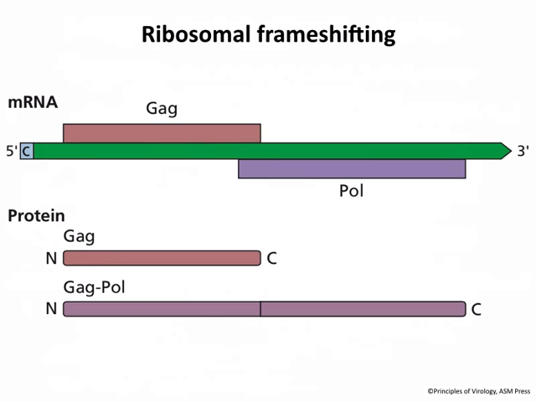And as you might guess, there are sequences in the viral mRNA that direct that frame shifting, just like there are sequences in the RNA that direct suppression, that stem loop structure. So ribosomes go down, they hit the terminator. Most of them fall off, but a few of them back up one. They remain bound. They back up one base. You're now in a different frame, and you can then translate the polymerase, and then you get a fusion protein of GAG-POL, which subsequently gets cleaved by a protease.